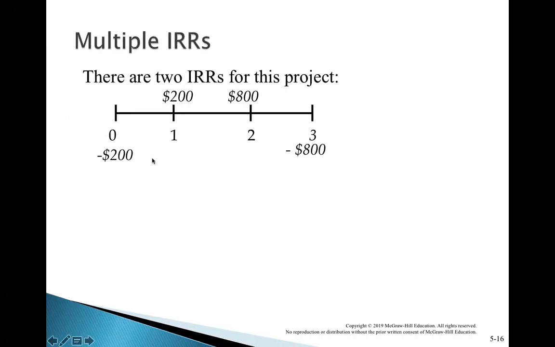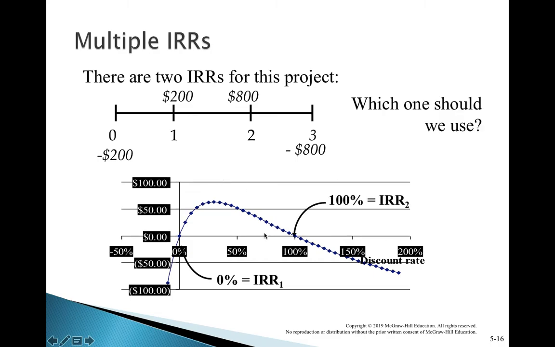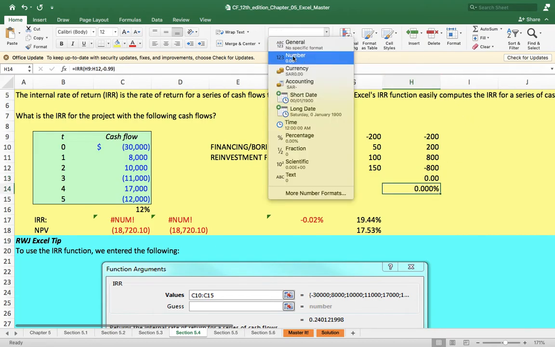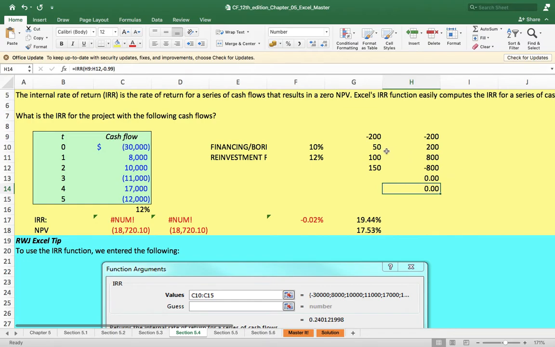Here it is coming to 800. Maybe 200, you can take 300 and 500.